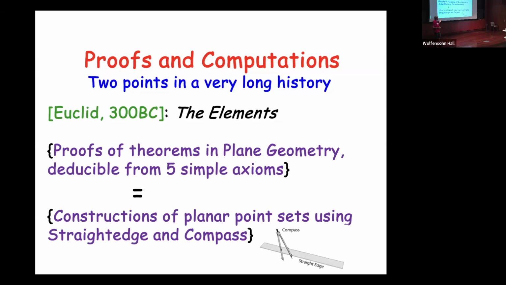But if you read all the proofs, they all have algorithms in them. They all have algorithms to construct the specific point sets described in the theorem using two very simple operations, a straight edge and a compass. So it's really a computation.